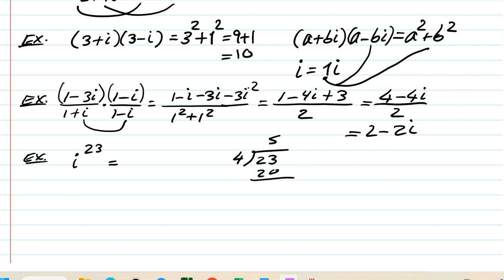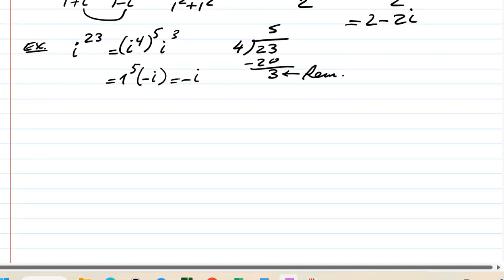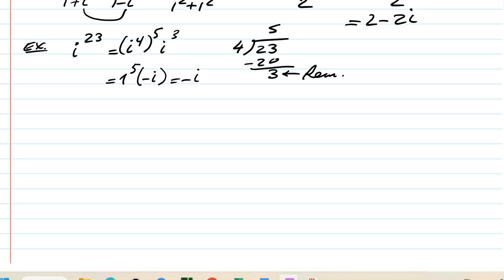When I have 23 i's, that means I can have 5 groups of i to the 4th, and 3 i's remain, so I'm going to have i cubed. That's the remainder. Now i to the 4th is 1, that's 1 to the 5th, and i cubed is negative i. So the answer is negative i. Again, we don't really have any practical uses for this in the work we're doing. We're just playing around and having fun with this.